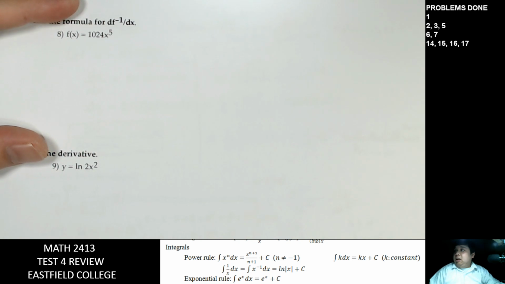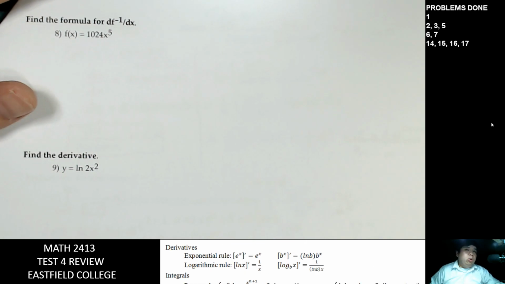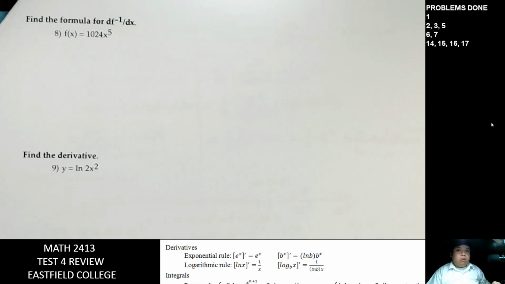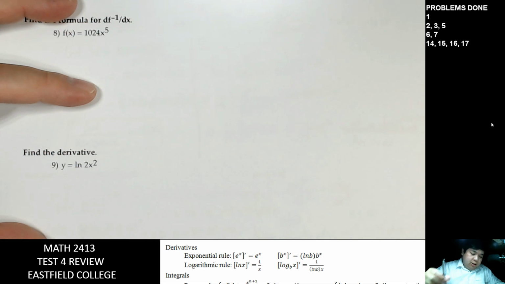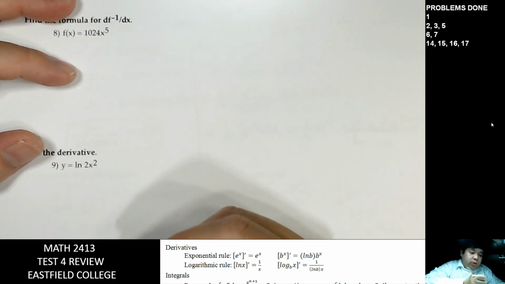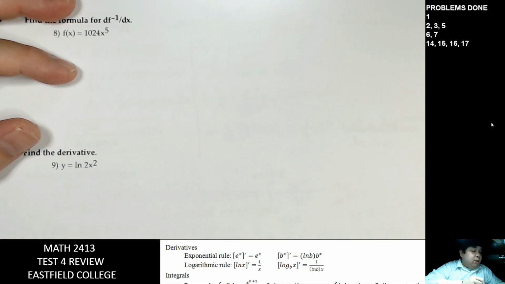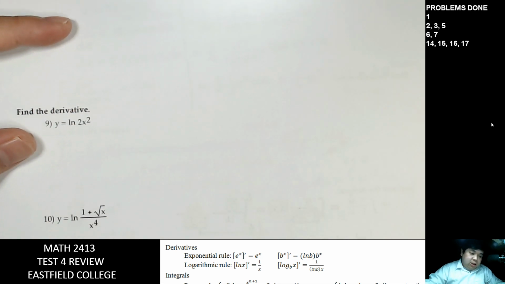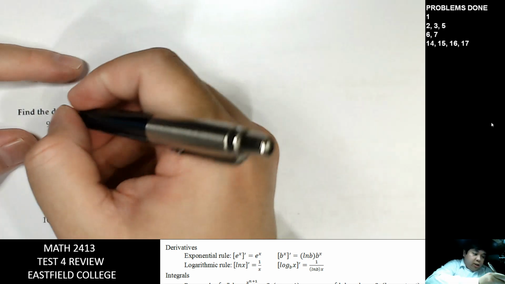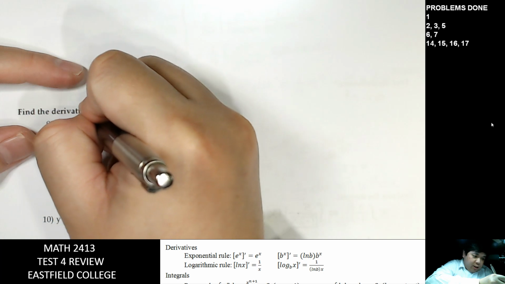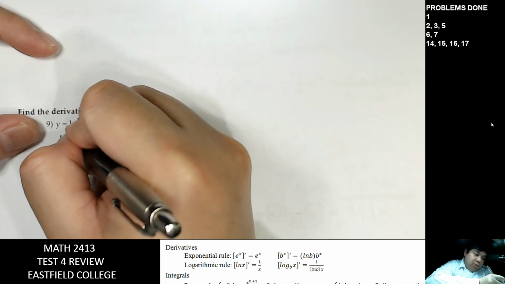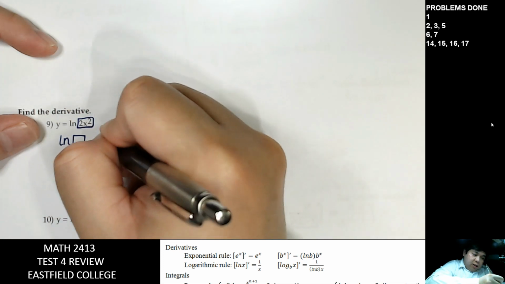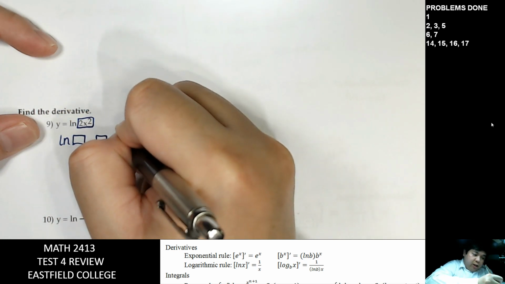Now we do the derivative. There will be exponential rule and logarithmic rule, so those rules over there. So check the derivative of this, because we can use the chain rule. I'll do it 2 different ways. First, the chain rule. We put this into the box. We have ln of the box, and the box is 2x squared.